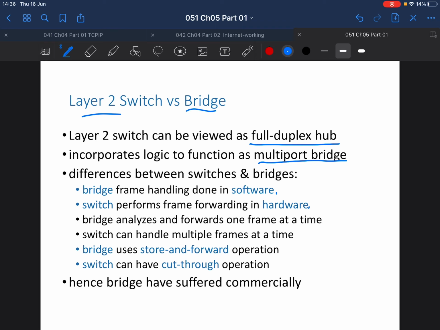A bridge analyzes and forwards one frame at a time, while a switch can handle multiple frames at a time. A bridge uses store-and-forward operation, while a switch can have cut-through operation. Hence, bridges have suffered commercially.